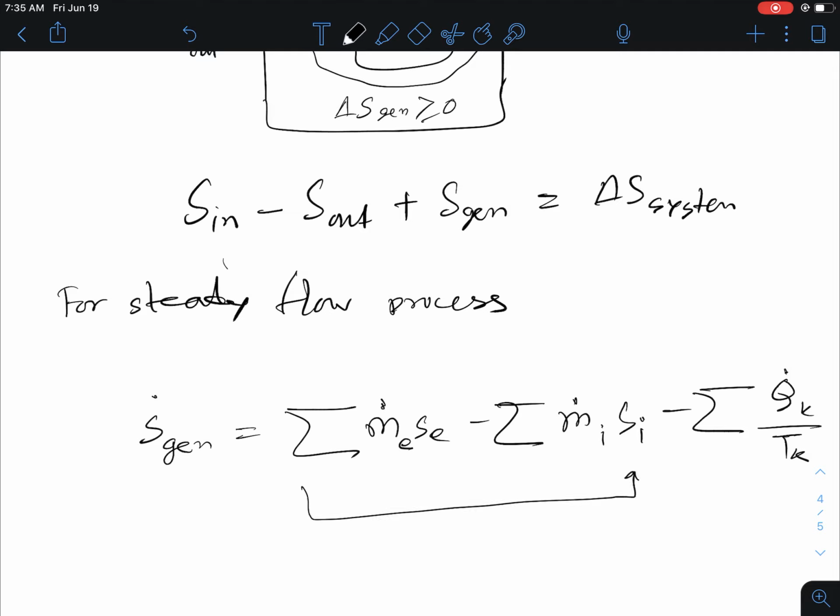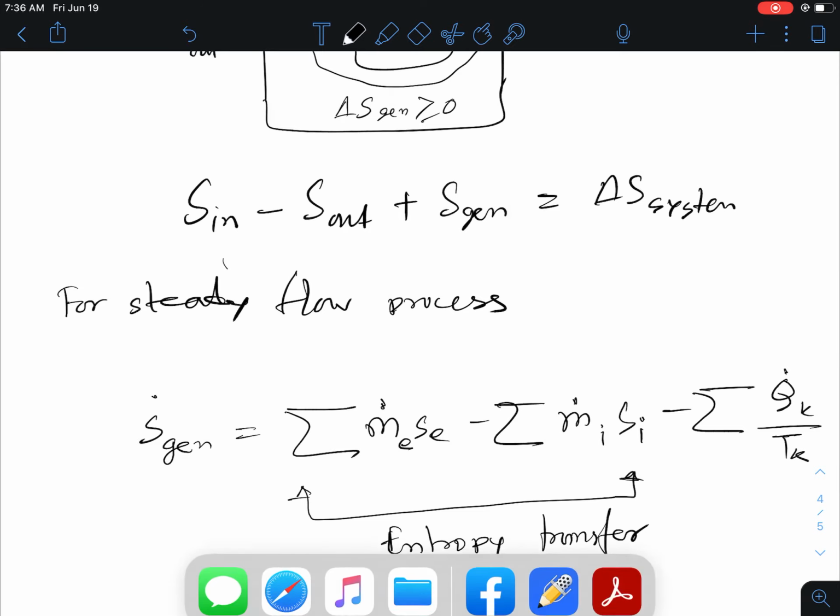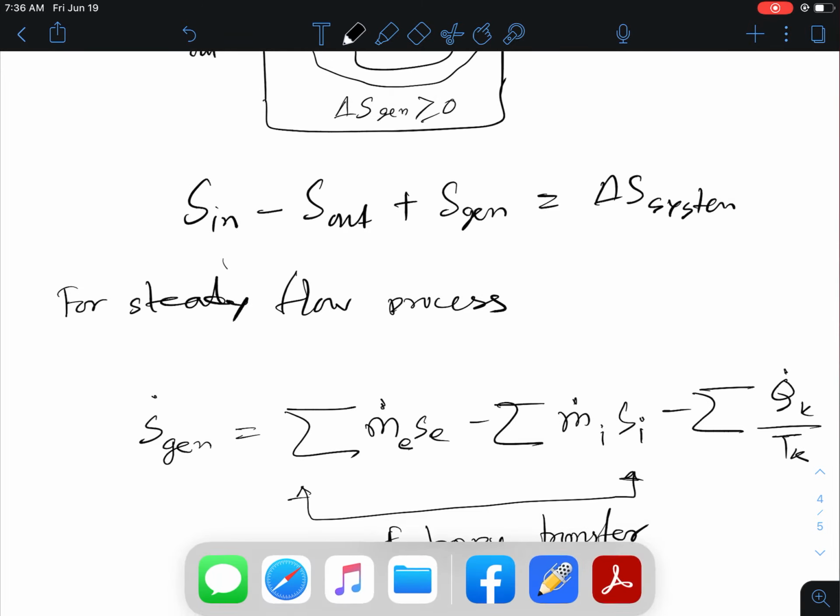This is basically the entropy transfer. Why is it entropy transfer? Basically it's exit versus input: how much is leaving the system and how much is coming into the system, that's the net entropy transfer of that system.